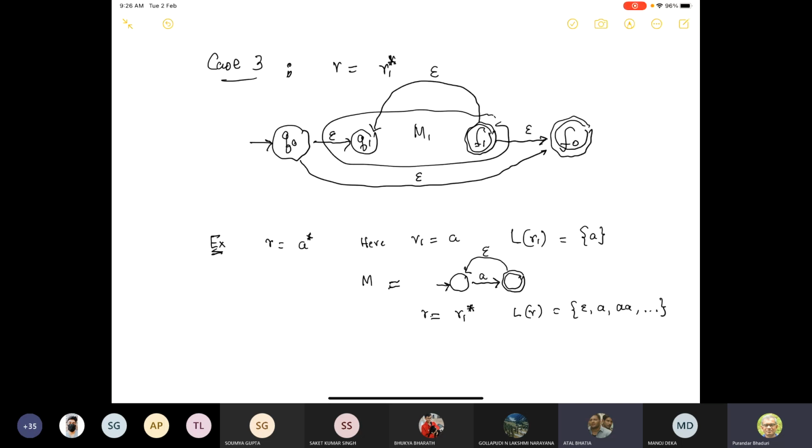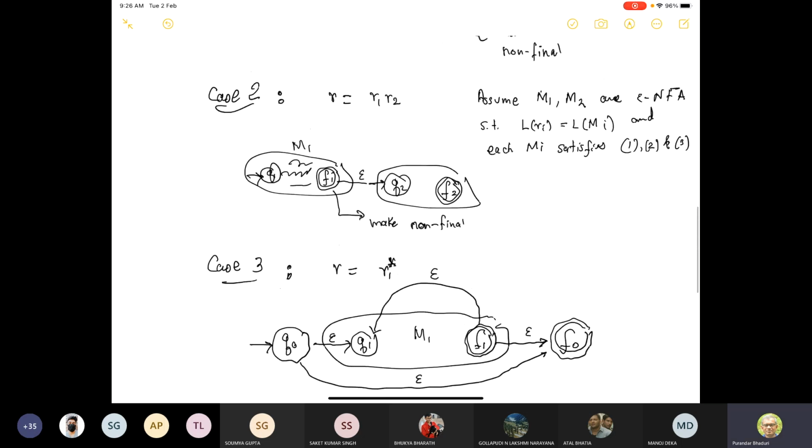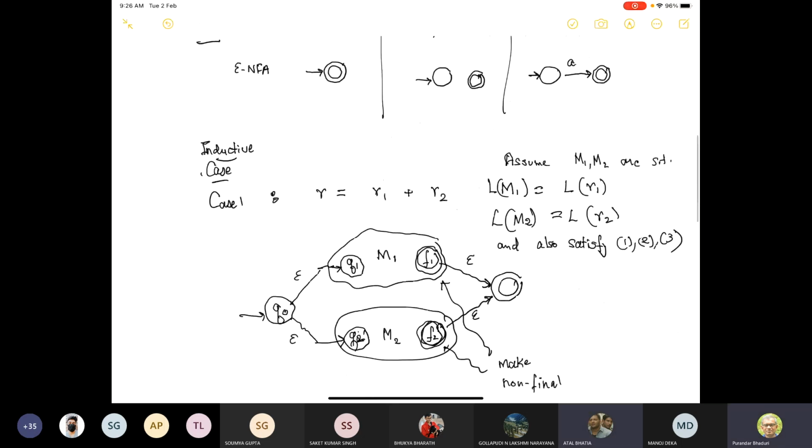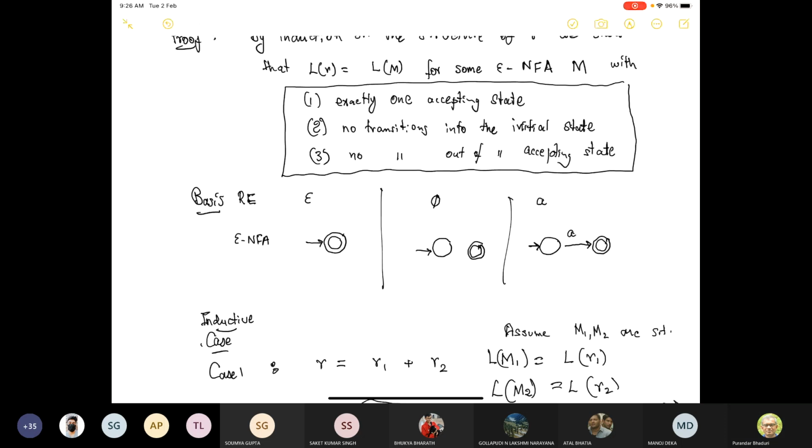Okay, in fact, you should try to do this exercise. You should show that if any of these three properties does not hold, then if you apply the same construction, it'll not work.